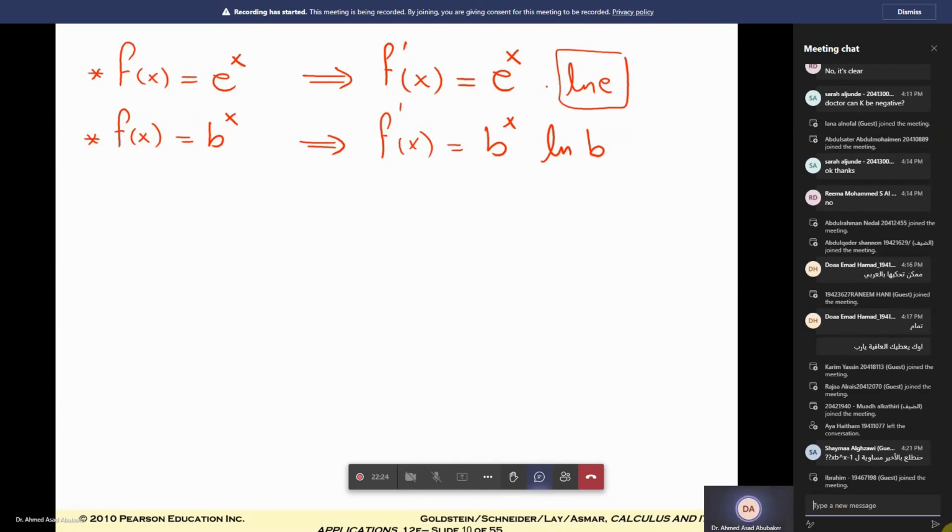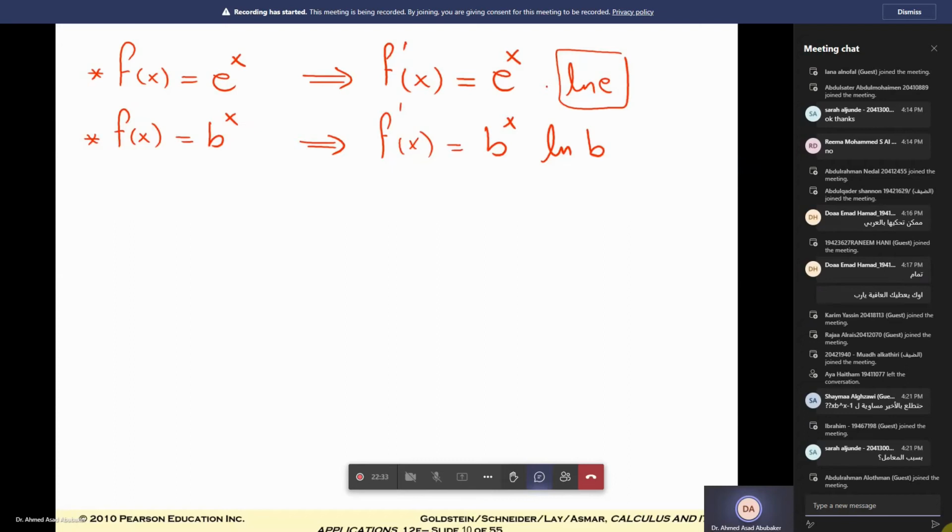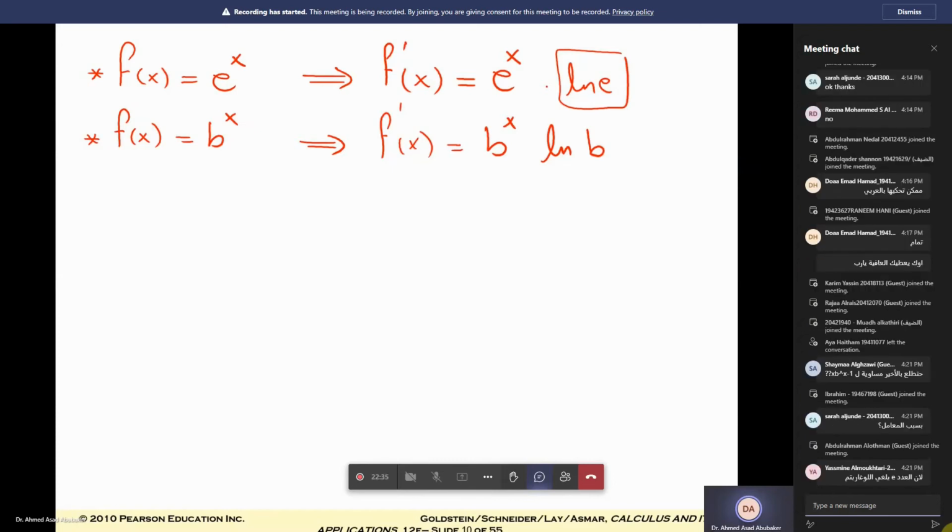No, this is not how the derivative works. We cannot take the derivative and consider the x as a number. This is x in the exponent, not in the base.